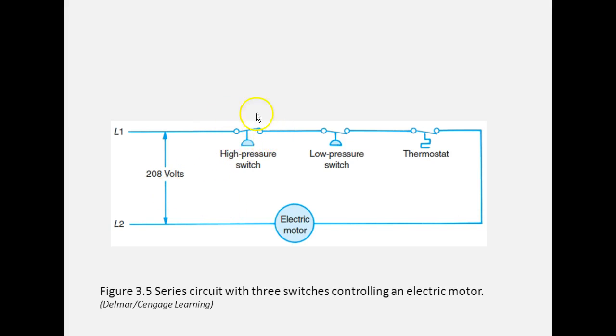And here, do y'all know what that high pressure switch is? That's a switch that would open if we sense high pressure. Same way with a low pressure switch, but it senses low pressure. And a thermostat will open at a set temperature. But if this path continues, it'll wire this electric motor. That's a series circuit.